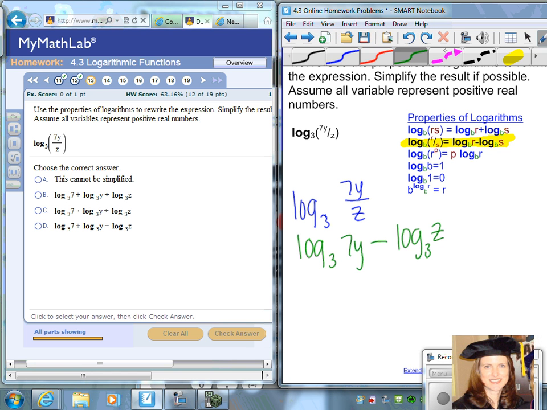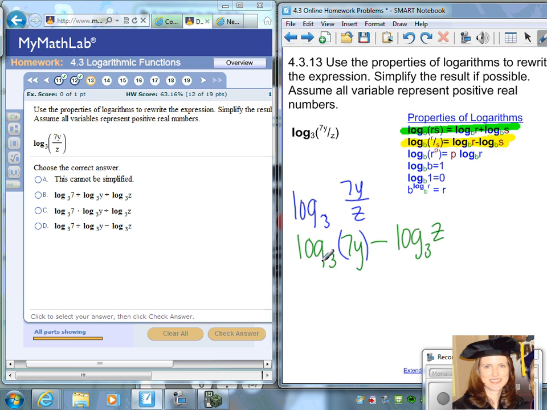The next property we're going to use is the product property, the first one. We're going to use that with the 7y, log base 3 of 7y. We can break up the 7 and the y and write this as log base 3 of 7 and log base 3 of y, and put a plus sign in between using the first property of logarithms, and then write minus log base 3 of z.